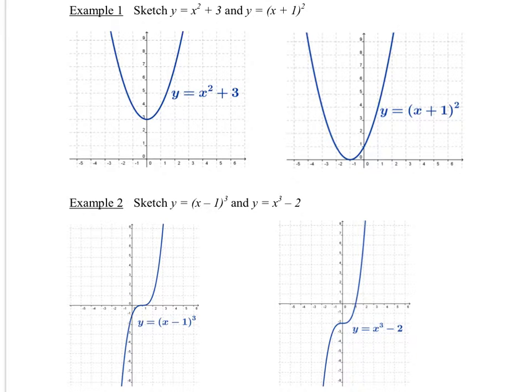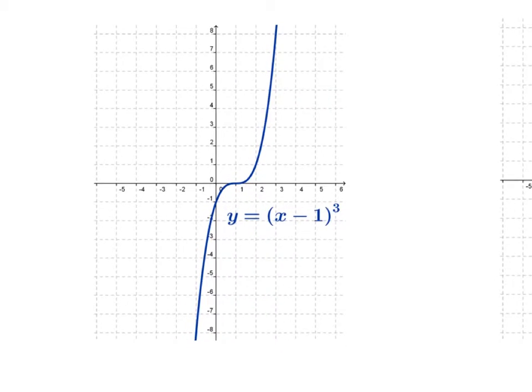That point 0, 0 has been translated 1 to the right, because we've replaced x with x minus 1. So this point moves over to 1, 0. We can perhaps zoom in on that a little bit more. This point here at 0, 0 has been shifted 1 to the right to be over here.